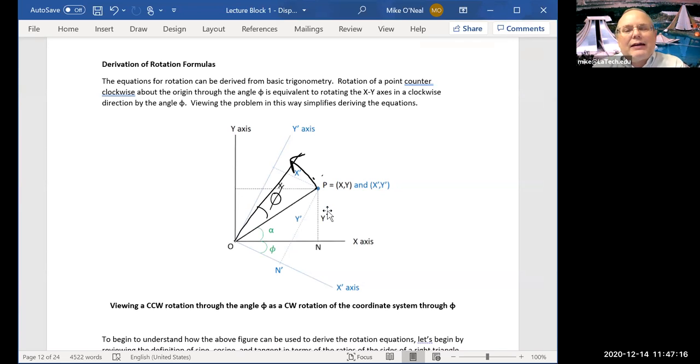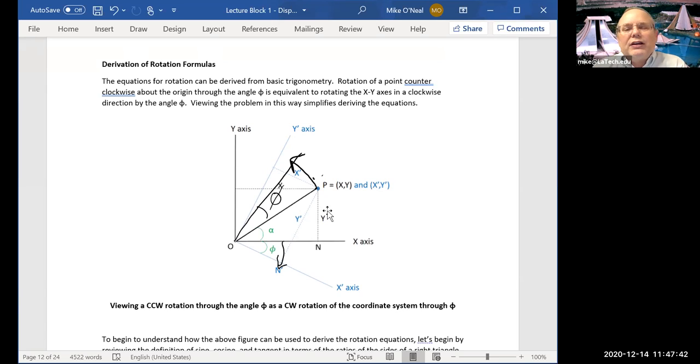Instead of rotating this point counterclockwise by the angle phi, I could take the whole reference system and rotate it by the same phi, but I could do that clockwise.